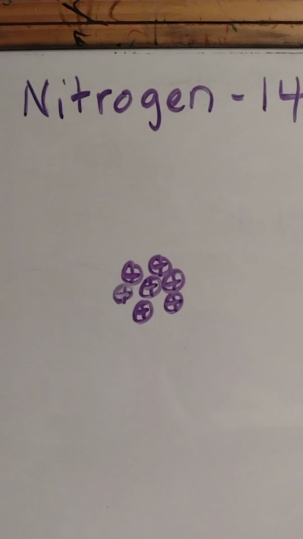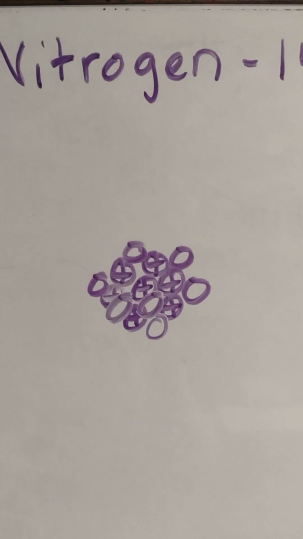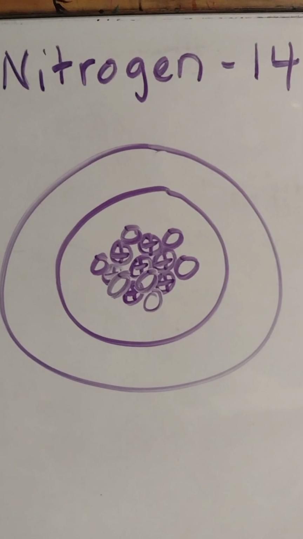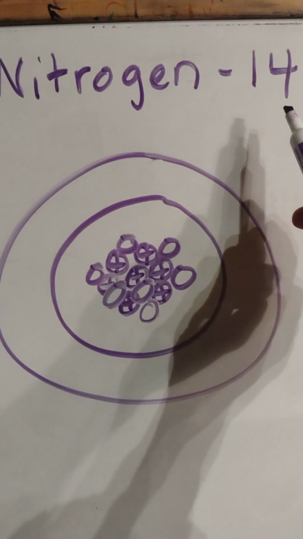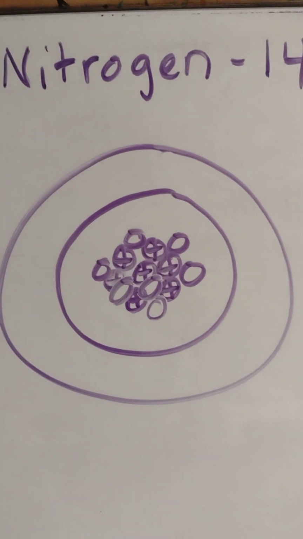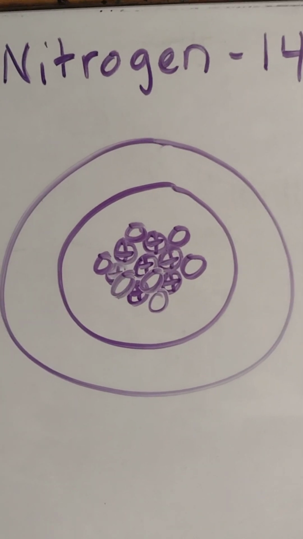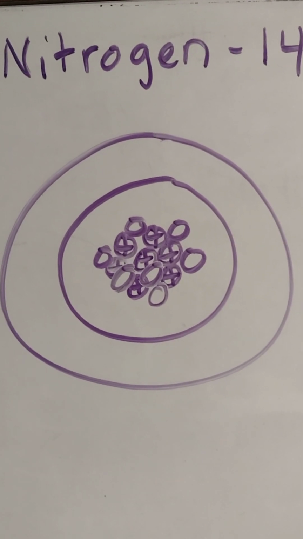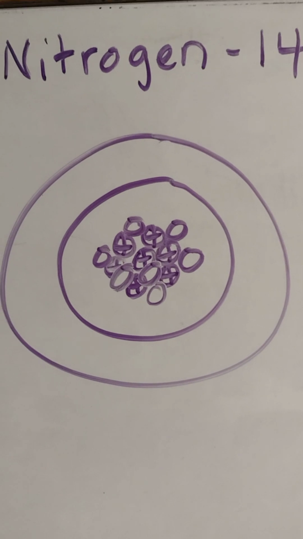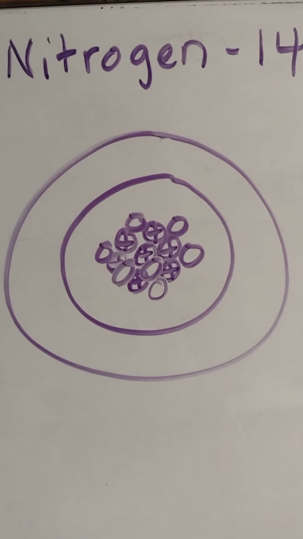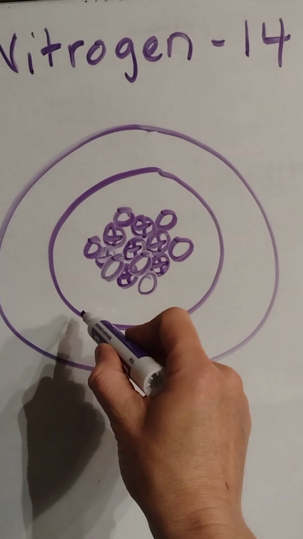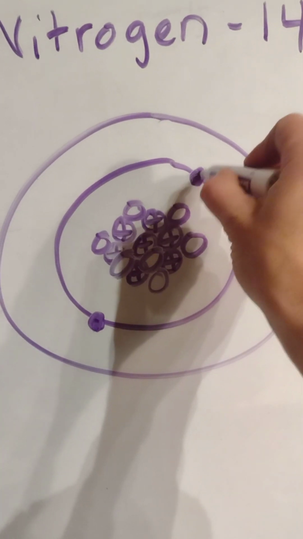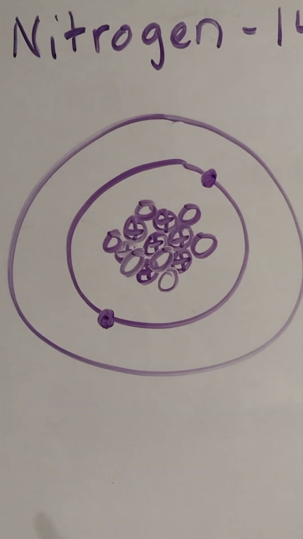Okay, so I have 7 protons. And now I have 7 neutrons. So this doesn't confuse you, nitrogen has an atomic number of 7, but that 14 is the atomic mass number, so you're adding the protons and the neutrons together to get that 14. So we're going to do 7 electrons. The first energy level can only hold 2 electrons because it's only got 1 orbital.